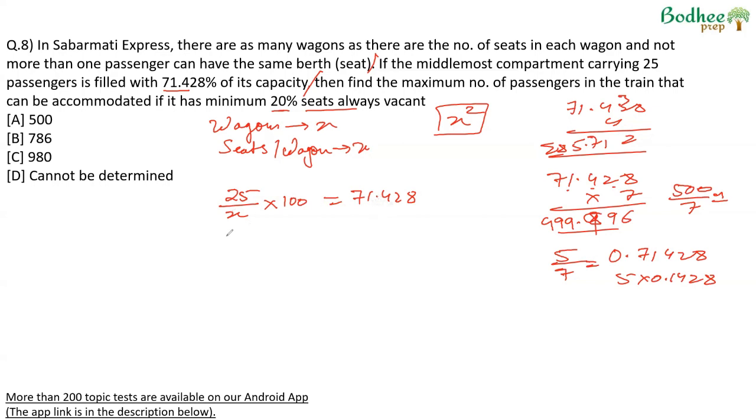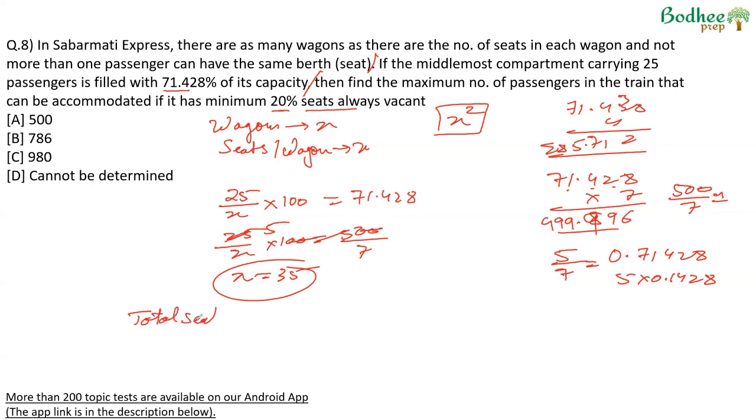So this becomes 25 by X into 100 is equal to 500 by 7. 100 cancel, 5 5s are 25, X comes out to 35. So the number of seats in the wagon is 35. Therefore, the number of wagons is 35 as well. Therefore, total number of seats is 35 into 35, 35 wagons, each having 35 seats.